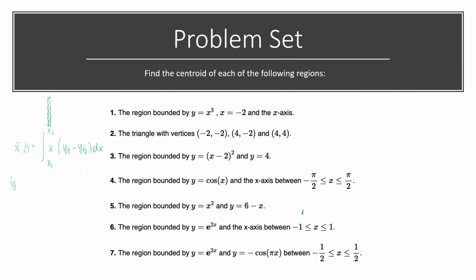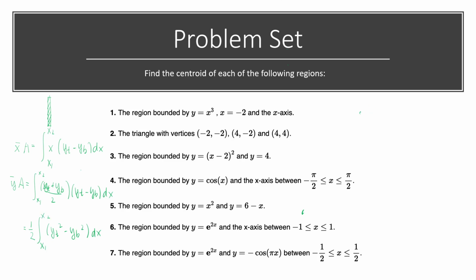And for bar y, this is the one using the midpoint theorem: the integral of (y top plus y bottom over 2) times (y top minus y bottom) dx from x1 to x2. Or if you want a shortcut, this is the shortcut version: one half the integral of (y top squared minus y bottom squared) dx from x1 to x2.